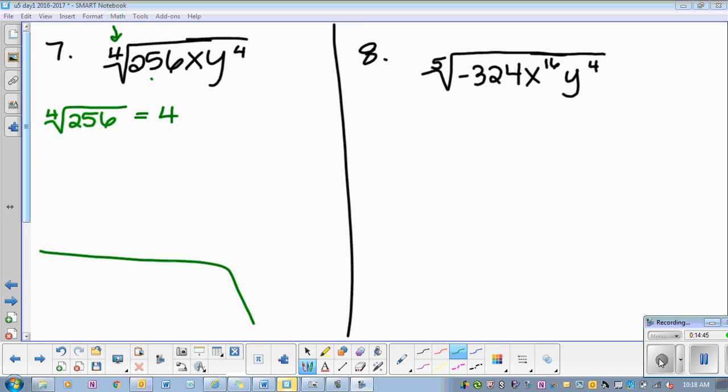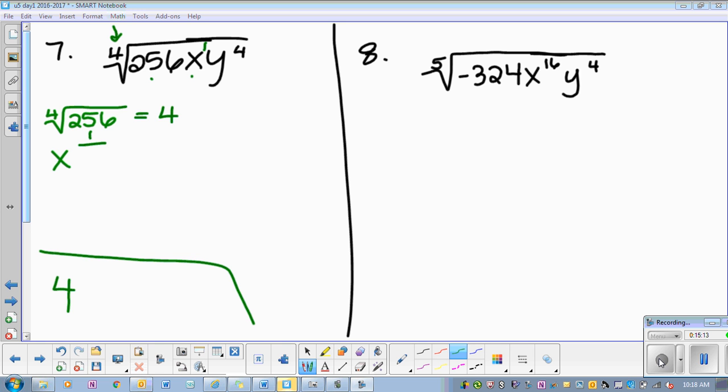Do we know how to put in the 4th root of 256? Are we okay with that? Okay. So 4 comes out, and we're good. Now, let's look at the variables. Look at your x. What is the power on that x? 1. Right? What is the exponent on this? 1.